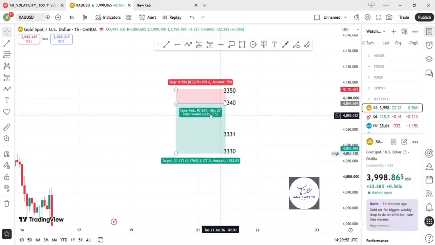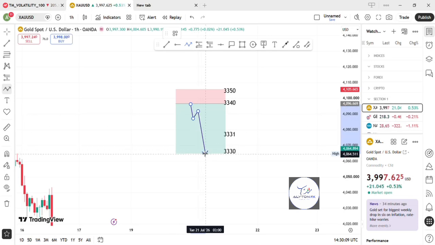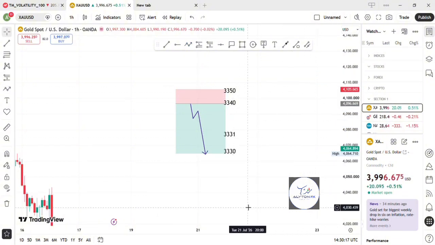So it means that if the market sells from here to here, you are aiming for 100 pips profit, because from 3340 to 3339, 3338, 3337, 3336, 3335 to 3331 to 3330 is 100 pips profit because you sold.